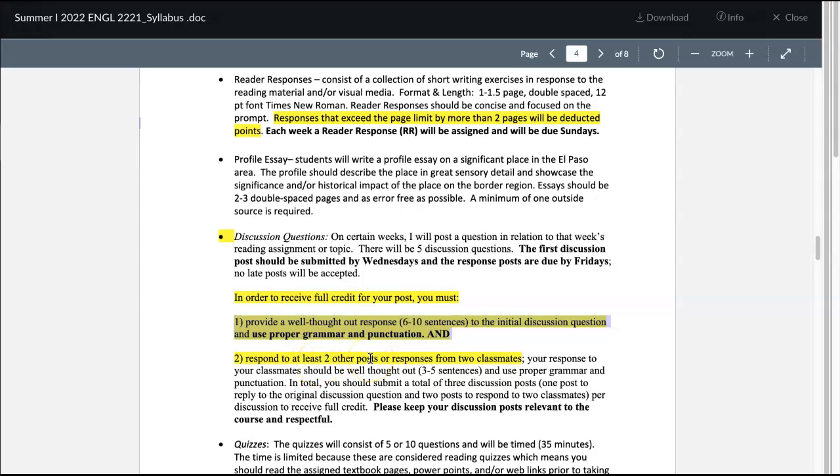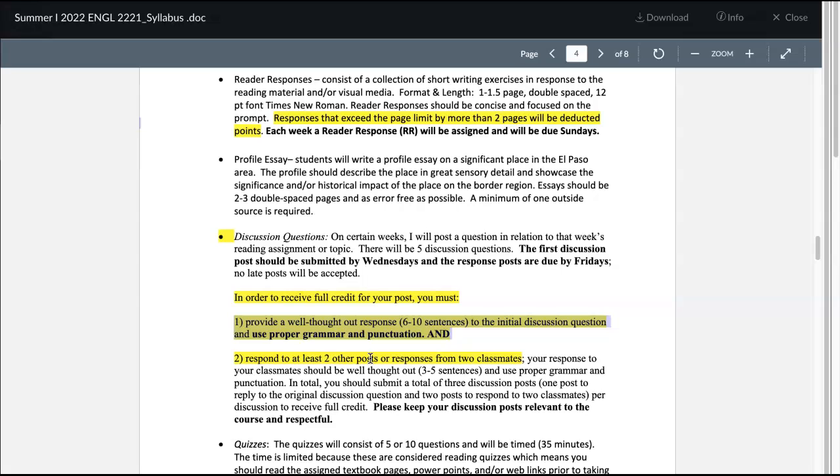And the reason why I have 2 due dates for the discussions is because sometimes there are people who want to finish their assignment early, or they're trying to get their assignments done during a specific time period, but they can't because there's nobody to reply to, because some people wait until the very last minute before the assignment closes to submit their assignments. So in order to avoid that, I have 2 due dates. So you want to make sure you submit your first response by Wednesday. That way people have somebody to reply to, and the discussion stays open till Fridays. And I do want to mention that the discussions are the only assignment that you cannot make up.